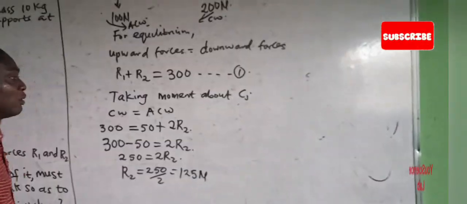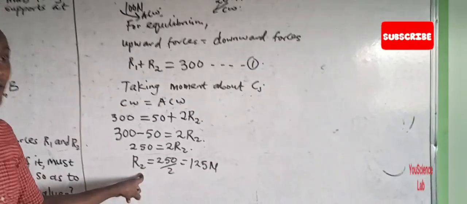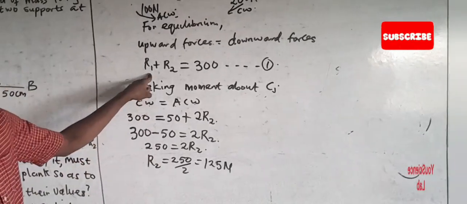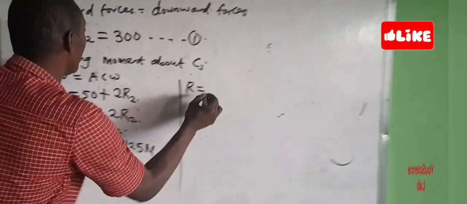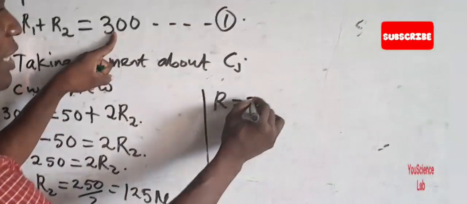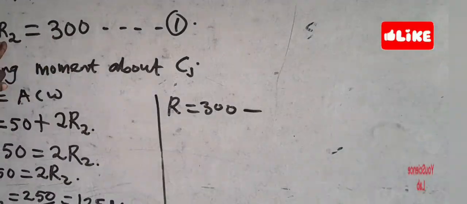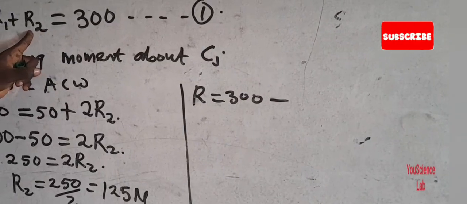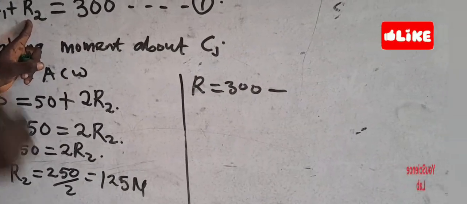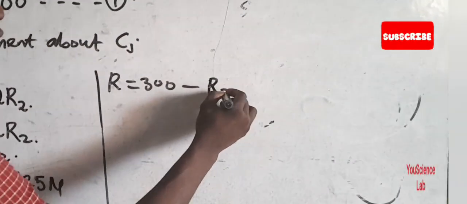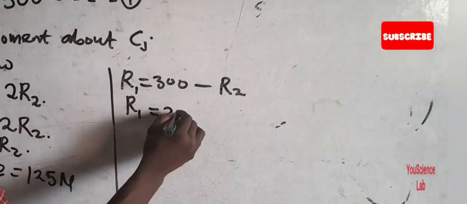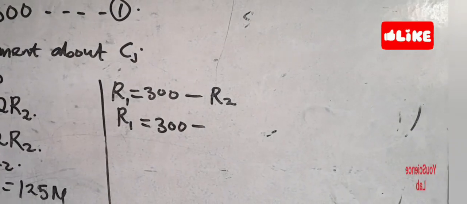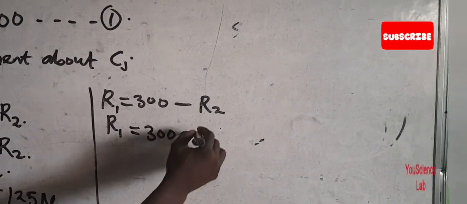Now, we have got R2 now, right? So can we look for R1? R1 is going to be equal to 300 minus R2, right? We are making this the subject of the formula. So R1 is equal to 300 minus R2, which is 125.